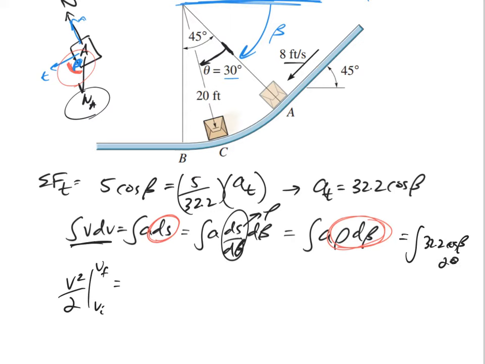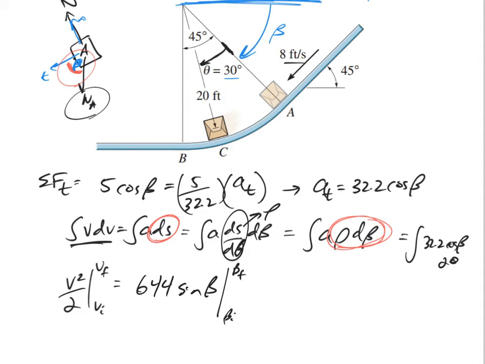So the integral of 32.2 times 20 times cosine beta would be 644 sine beta, as beta goes from beta initial to beta final.